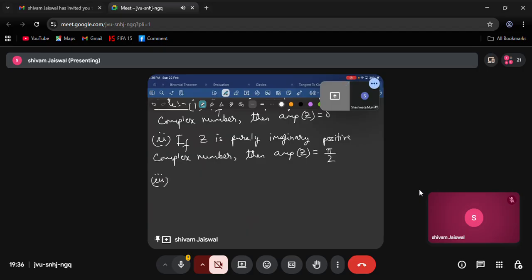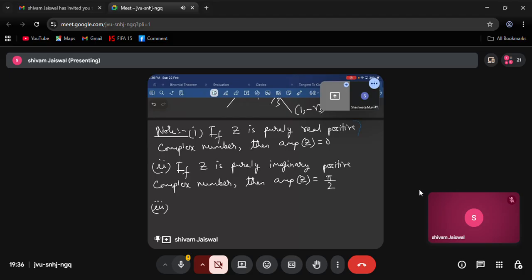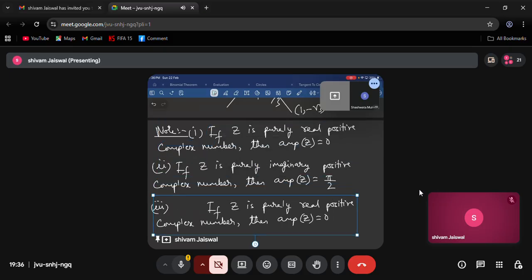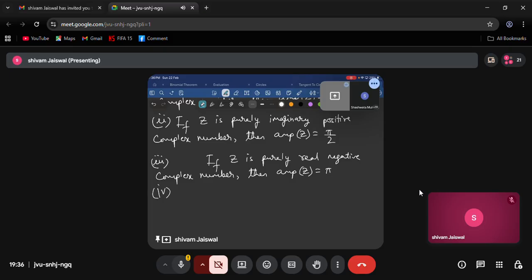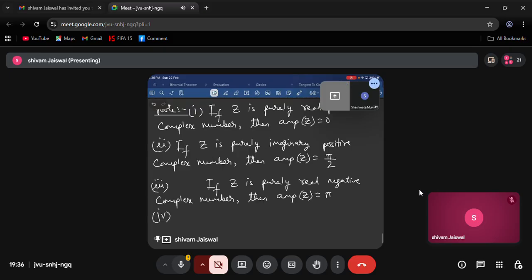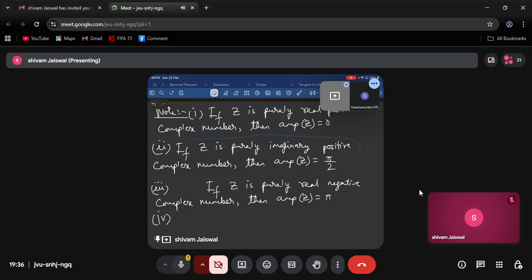Positive vertical axis. Next. If Z is a purely real negative number, then what is the amplitude of Z? Amplitude of Z is equal to pi. Lastly, part 4. If Z is a purely imaginary negative number, then the amplitude of Z is equal to minus pi by 2. Anyone having any doubt?